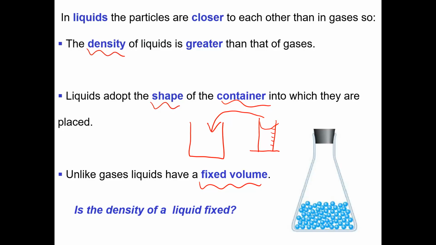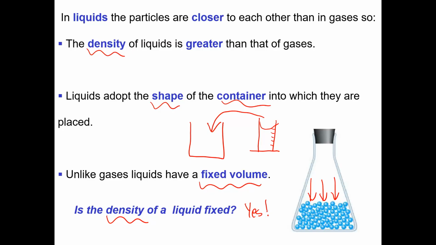So is the density of a liquid fixed? Well, if we were to apply a pressure to a liquid, you can see there's really not much space between the particles. So it's very hard to compress a liquid. So for that reason, at a given temperature, we find that the density of a liquid is fixed.